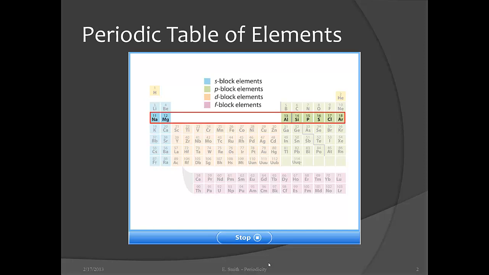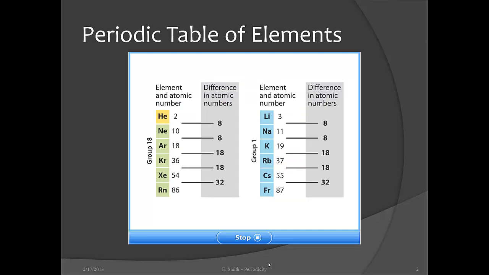A horizontal row of elements forms a period. The differences between elements in a period and elements in the next period are consistent between the groups. For example, if we look at the difference between elements in group 18 and in group 1, we see that the difference in atomic numbers is constant. 8, then 8, then 18, then 18, and then 32.